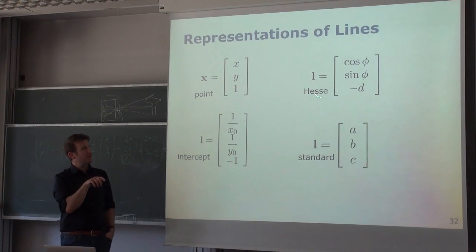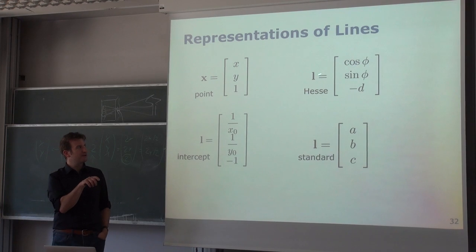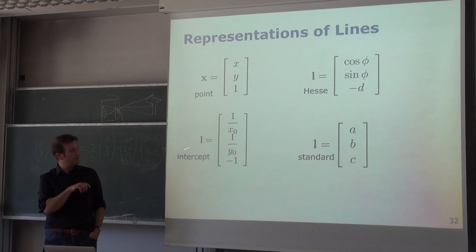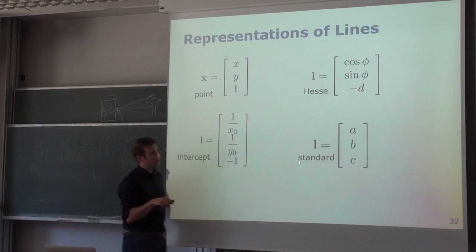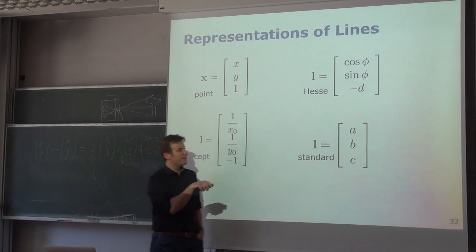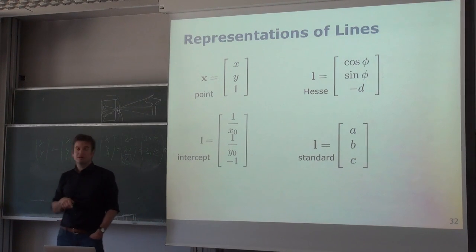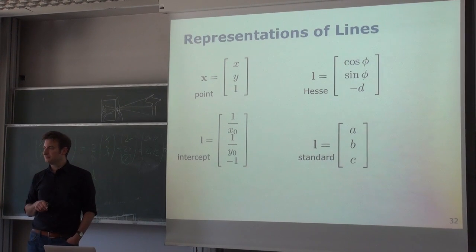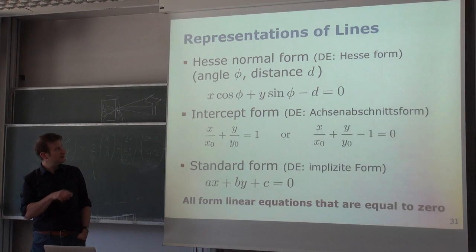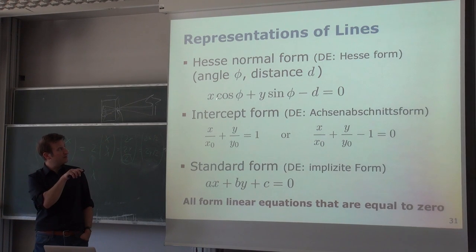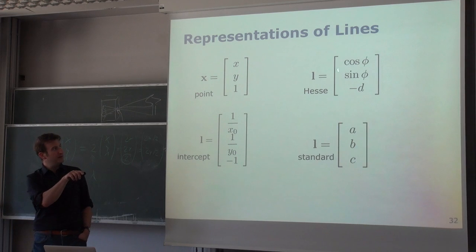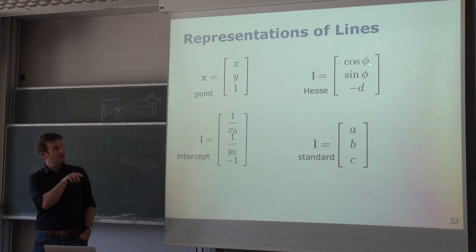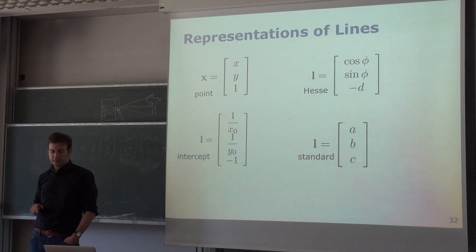And then we can provide three different vectors L, one represented in Hesse form, one with the intercept form, and one with the standard form, where the first, second, and third dimension take those parameter values. I just took those equations, the part which corresponds to x, the part which corresponds to y, and the constant part, and placed them in here.